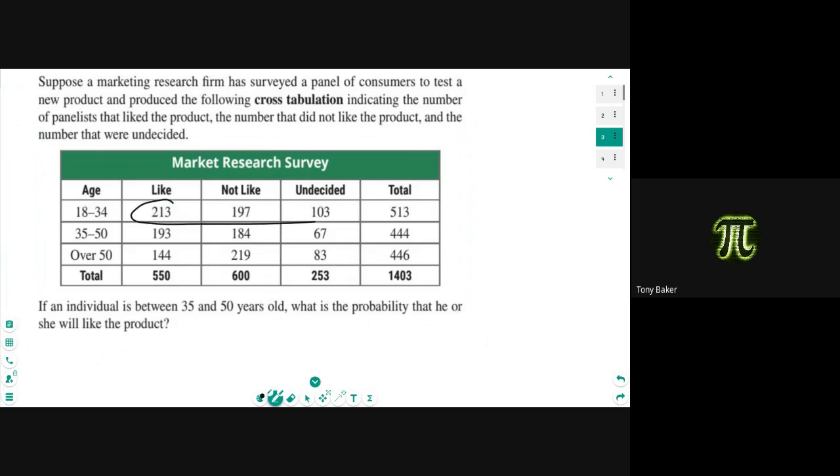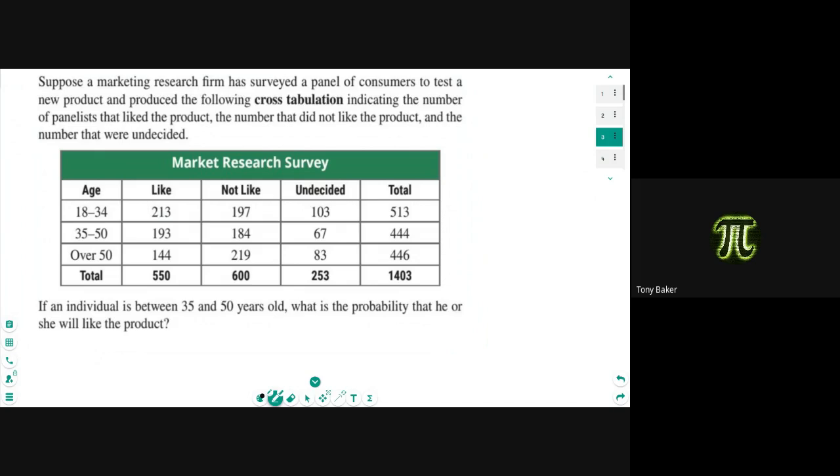In that situation, we're looking at all those and all those. If we add up the 513 and the 550, because they totaled them already for me, I have to subtract out that 213 because I counted it twice. Those are the two situations that we did last class.